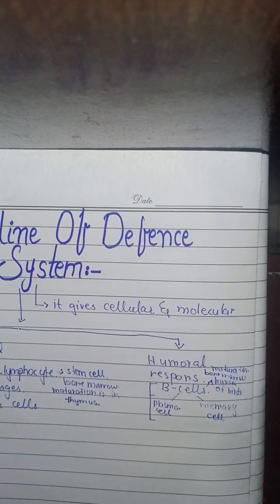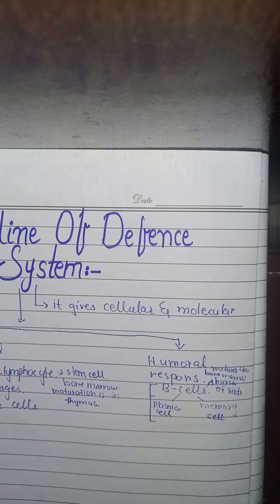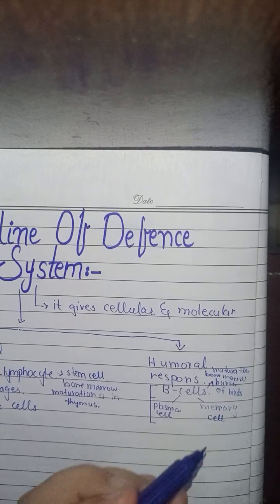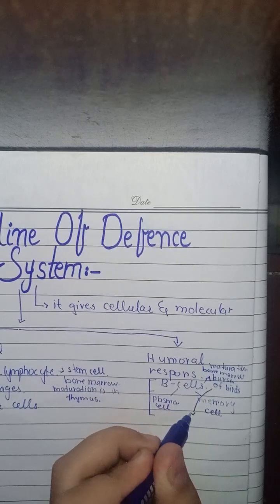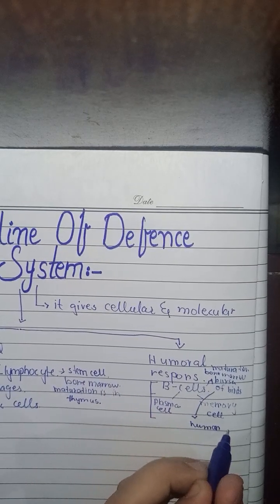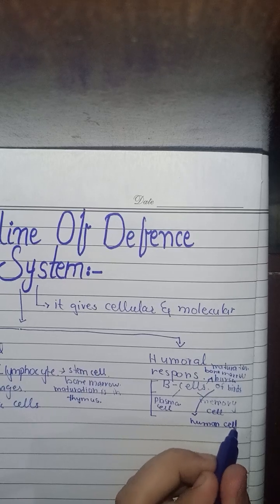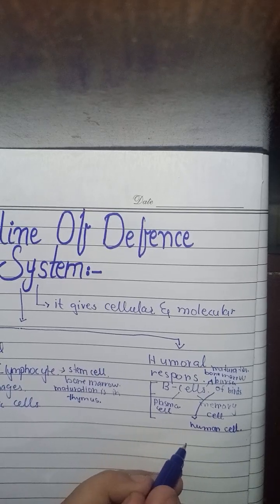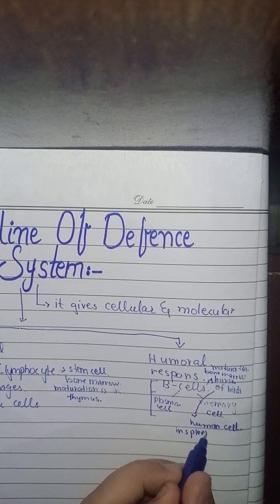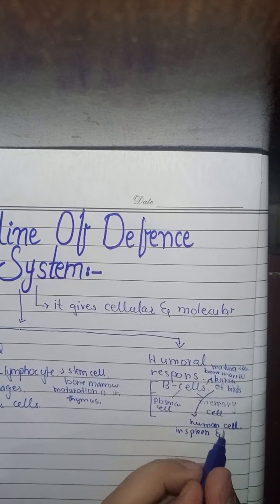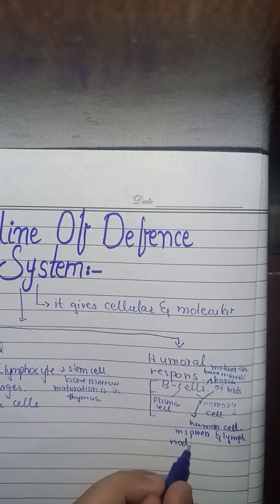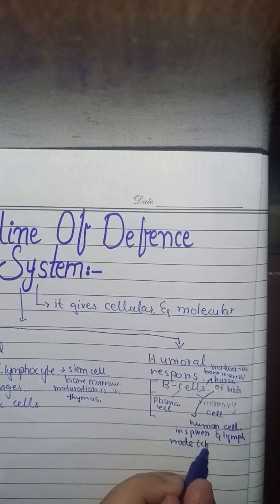Here we have the assumption that in the human cell, it is mostly in the spleen. Spleen is the organ, and it is also in the lymph node, or the lymph node is known as a checkpoint too.